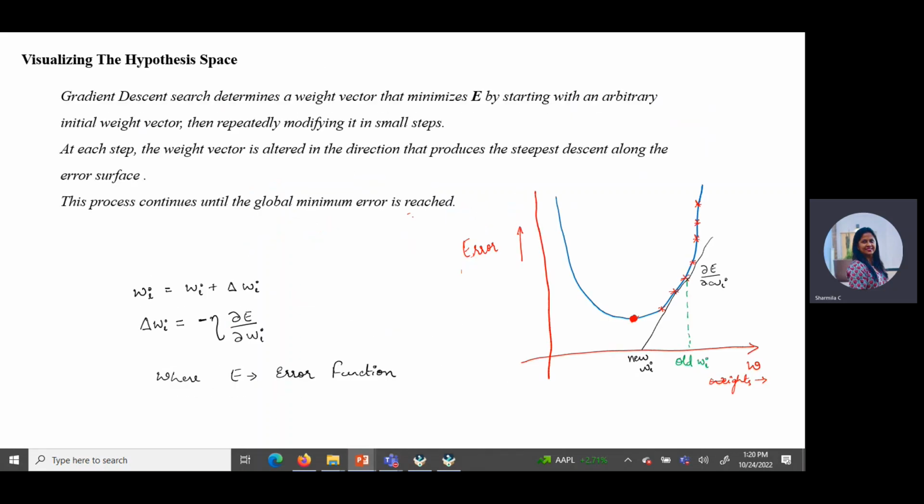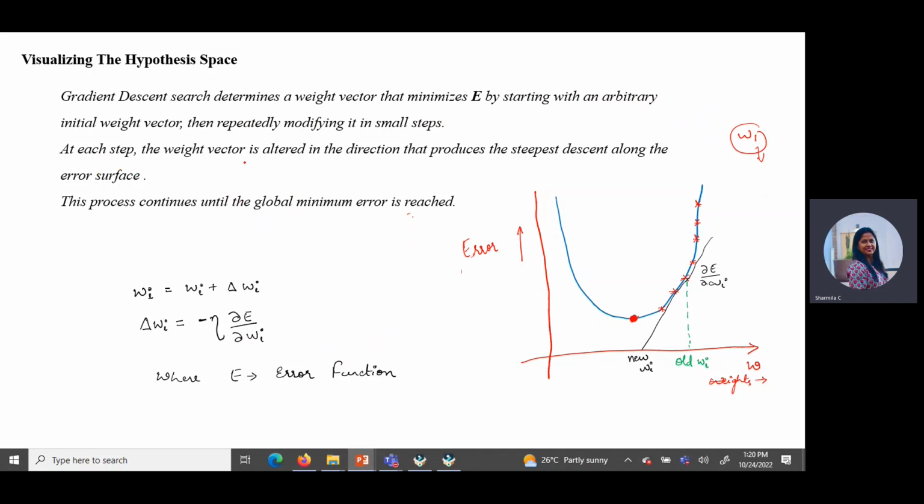What gradient descent does is minimize the value of E. Initially, suppose we consider some weight, W1. It goes on modifying this weight in small steps, which is nothing but reducing the error of this weight in small steps.